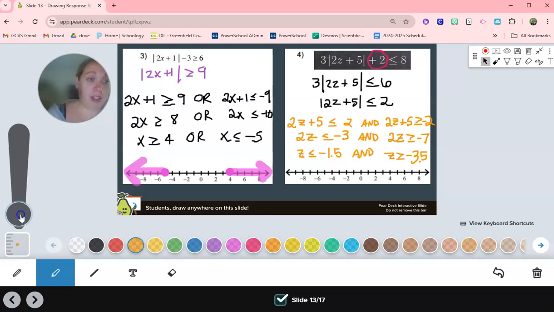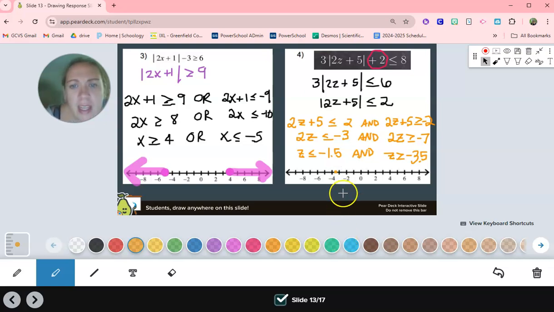So when we put our solid circles here, negative 3.5 is going to be right here, and negative 1.5 will be here, and we are looking for that area in between that's less than or equal to negative 1.5 but greater than or equal to negative 3.5. Brilliant. Once you got everything that you need here, push to the next slide, slide 14.